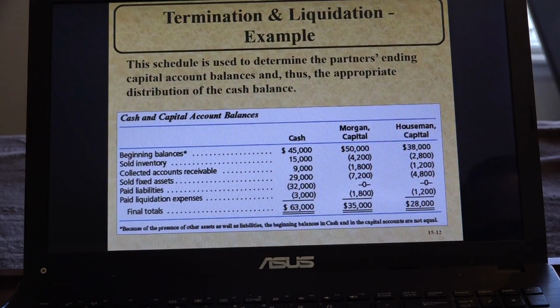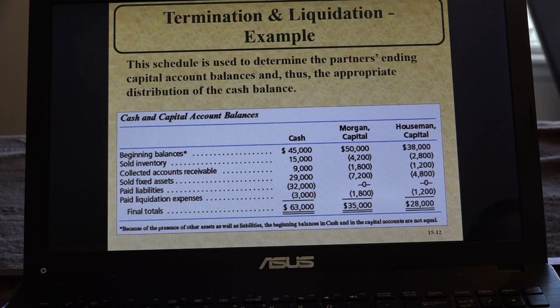So after it's all said and done, what you've got is, after selling non-cash assets, paying the liabilities, paying the liquidation expenses, there is $35,000 left in Morgan's capital account.